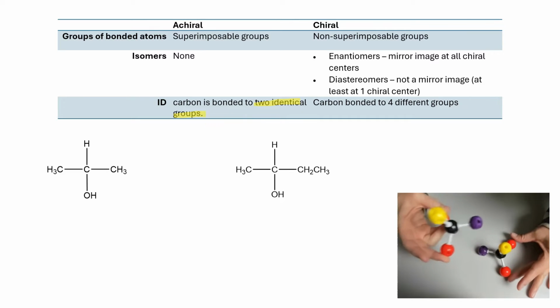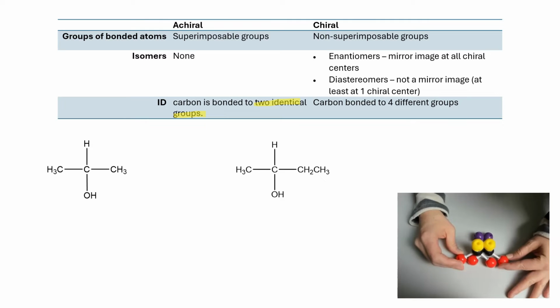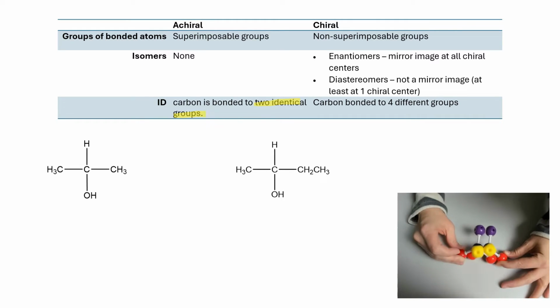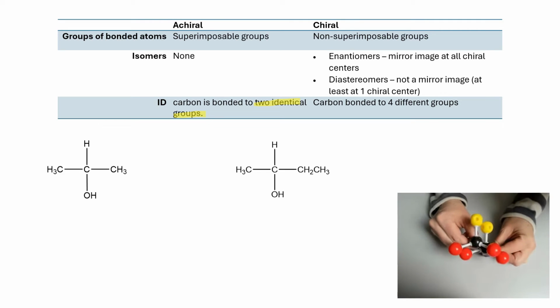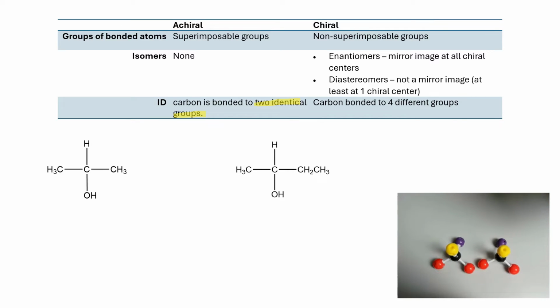What this means is these 2 structures can become superimposed. Superimposed means they can lay on top of each other and be identical. When this is the case, the carbon that we are investigating is considered an achiral carbon because it's able to match up. Achiral carbons will not be an optical isomer.